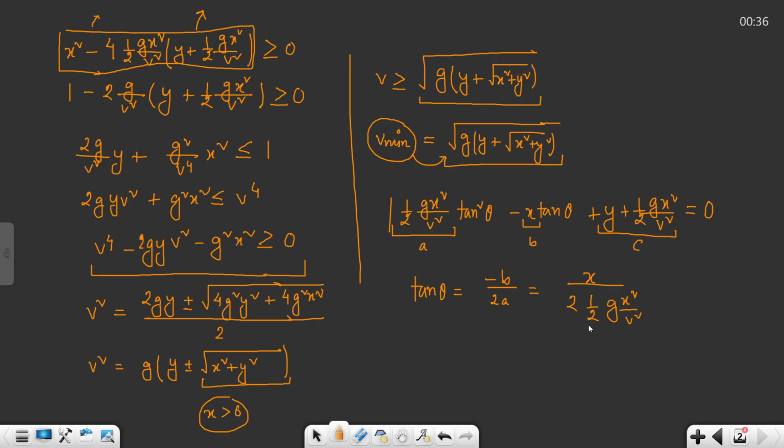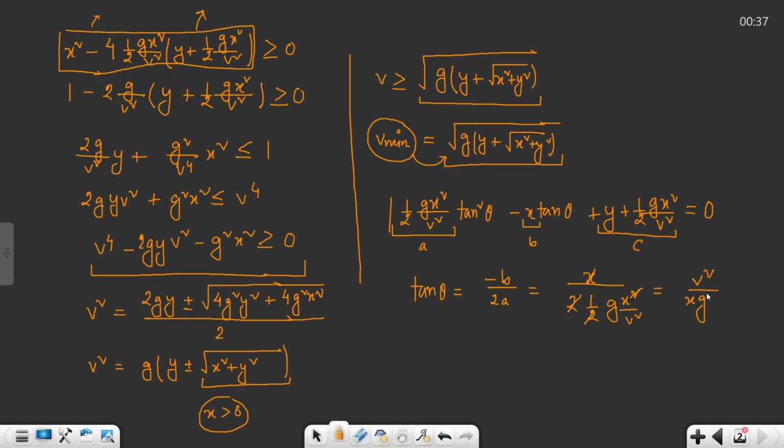Okay, so now if we consider some simplification, then we should get something like this: v squared divided by g. So tan theta is equal to v squared divided by, oh well, my bad, tan theta is equal to v squared divided by g x.